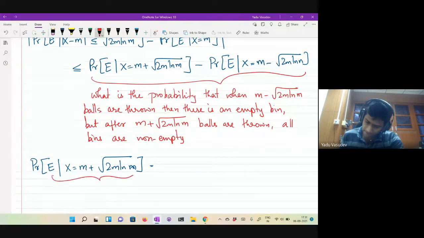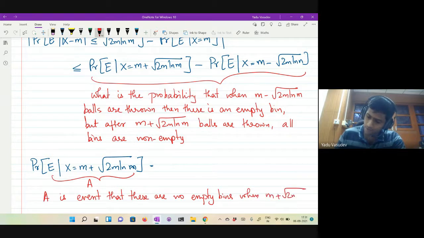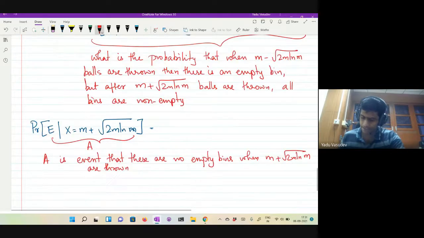This is the event A that is of interest. So A is the event that there are no empty bins when m plus square root 2m ln m balls are thrown, which is what we are interested in.